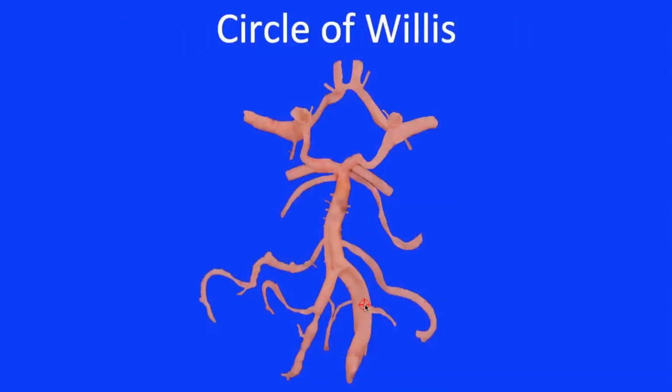Branches from the basilar and internal carotid arteries will form a circle, the circle of Willis, that will supply blood to the brain.